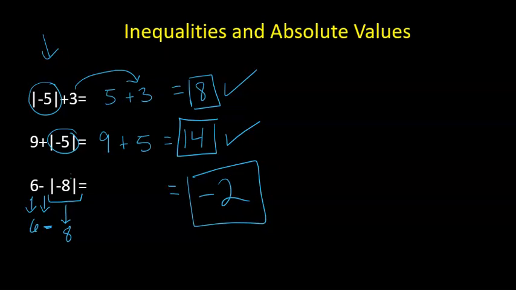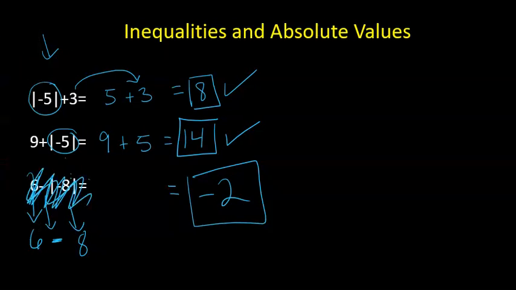It doesn't exist anymore. Like if you were an alien that came from another planet and you had this problem right here, this 6 minus absolute value of -8, and I showed this to you, and you had to work on the problem, you would do 6 minus +8, right? And then you would immediately forget about this because you're like, oh, cool, I already moved on.